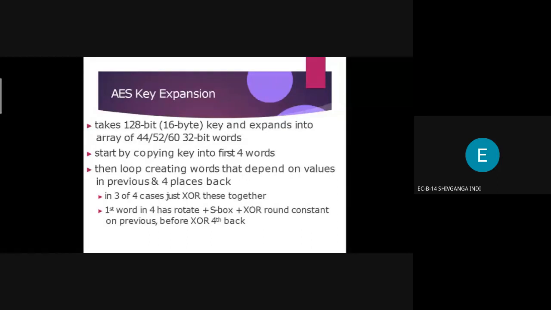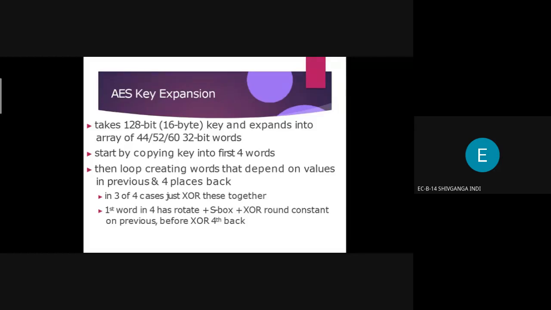If we have a 192-bit key, there are 12 rounds and the words are 52. And if we have 14 rounds, then there are 60 words. By using this, we can expand the AES key.